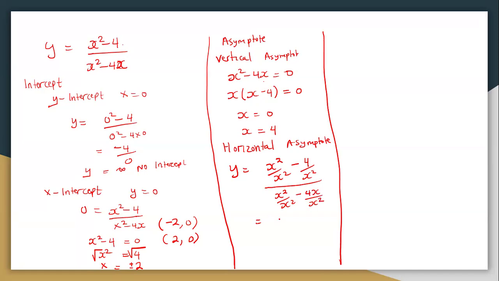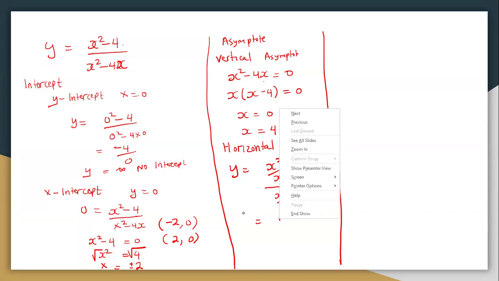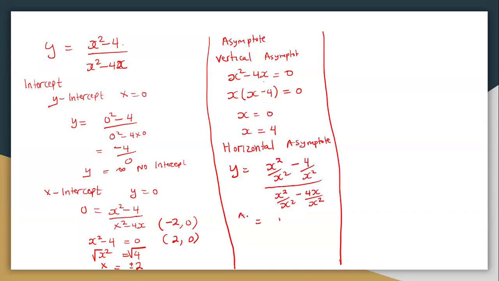So we will say as x approaches infinity, the x squared out of x squared will be 1 minus 4 out of infinity, divided by 1 minus 4 out of infinity.